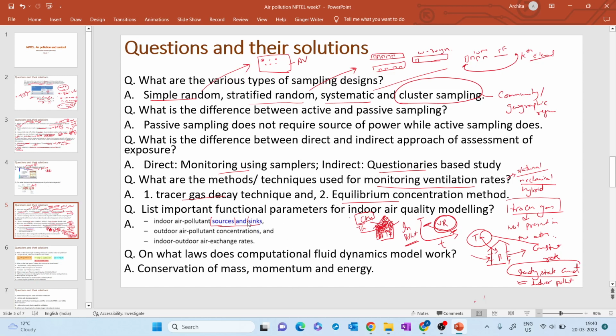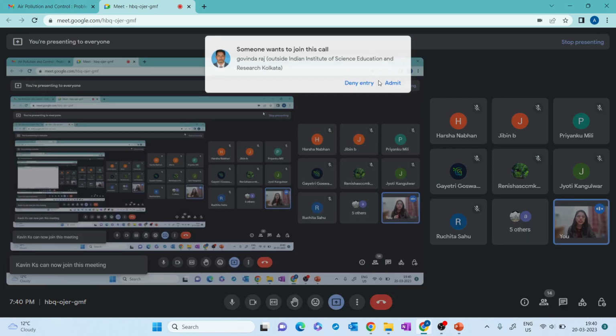Then you also need to know the sinks. Let's say I have paint, and paint releases VOCs. So for VOC the source would be paint. Now sinks would be, let's say, because of sunlight and ventilation, I have oxidants in the indoor environment.